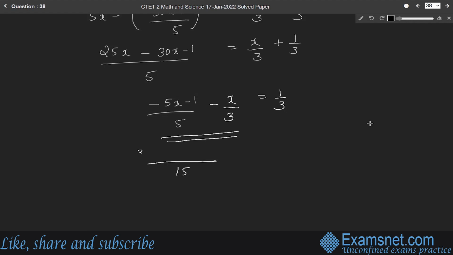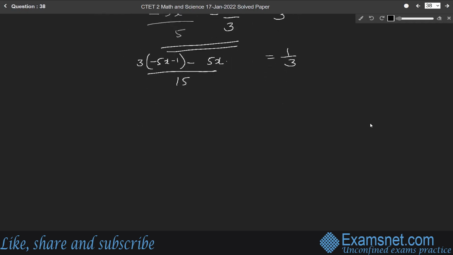So here 3 into minus 5x minus 1 minus of that is 5x is equal to 1 by 3, which is minus 15x minus 3 minus 5x is equal to 15 by 3.